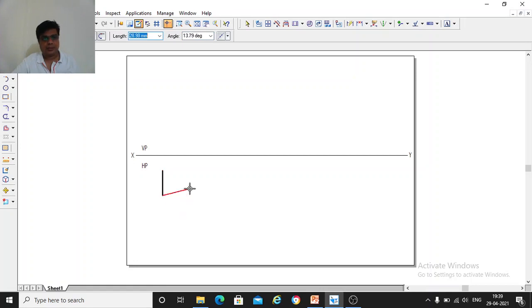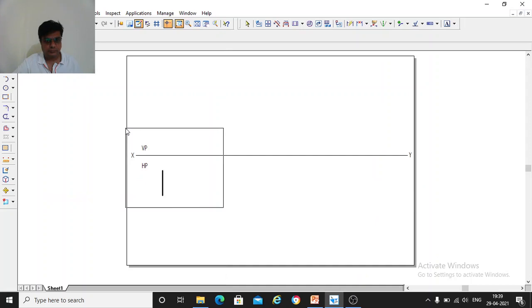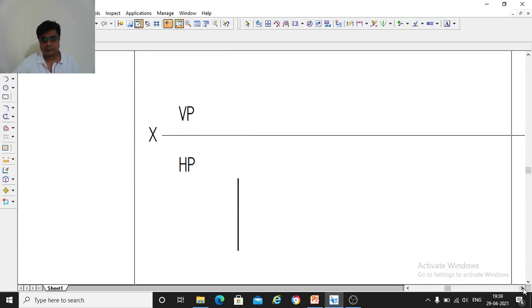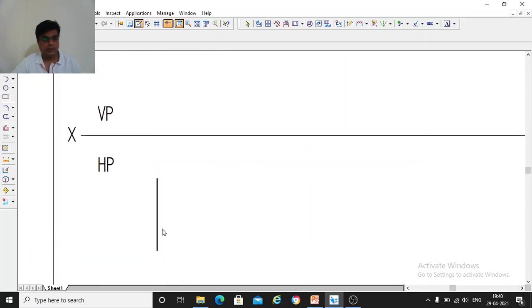Let me just zoom it so that you can see clearly. So this is one edge of an equilateral triangle.